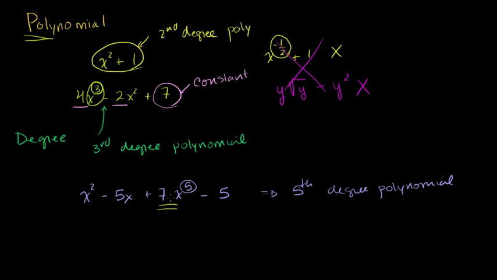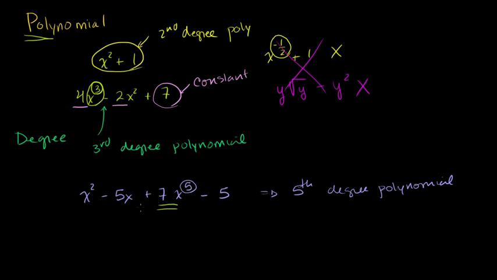It will grow the fastest or go negative the fastest, depending on whether there's a positive or negative in front of it. But it's going to dominate everything else. So it really gives you a sense for how quickly or how fast the whole expression would grow or decrease in the case if it has a negative coefficient.